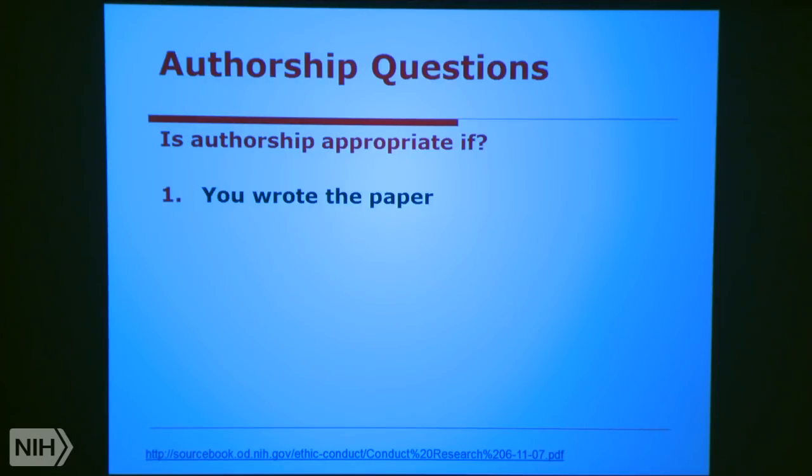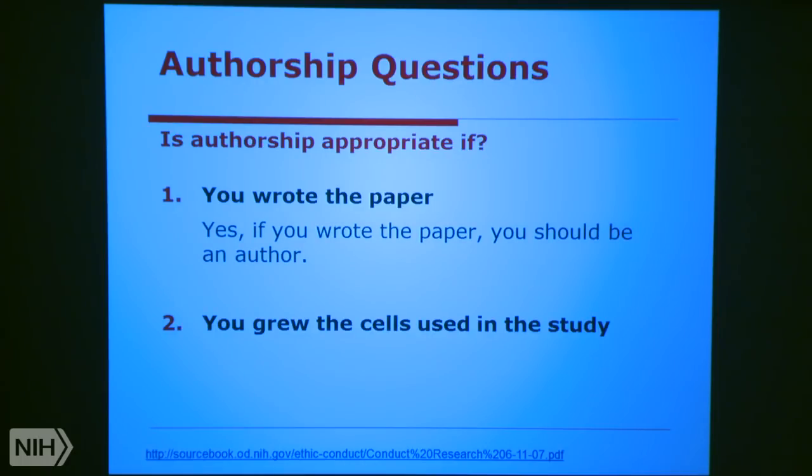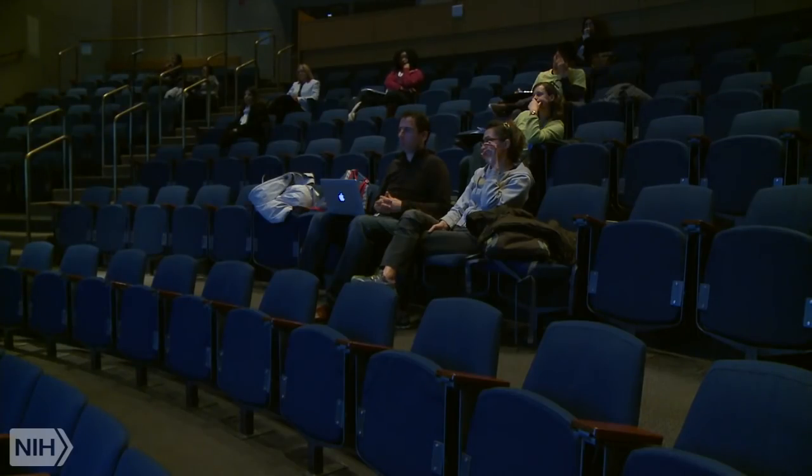So is authorship appropriate if you wrote the paper? Okay, surprisingly easy, right? Okay, yes. How about if you grew the cells used in the study that was published in the paper? Thoughts about that? I see somebody saying no. Anybody want to counter?